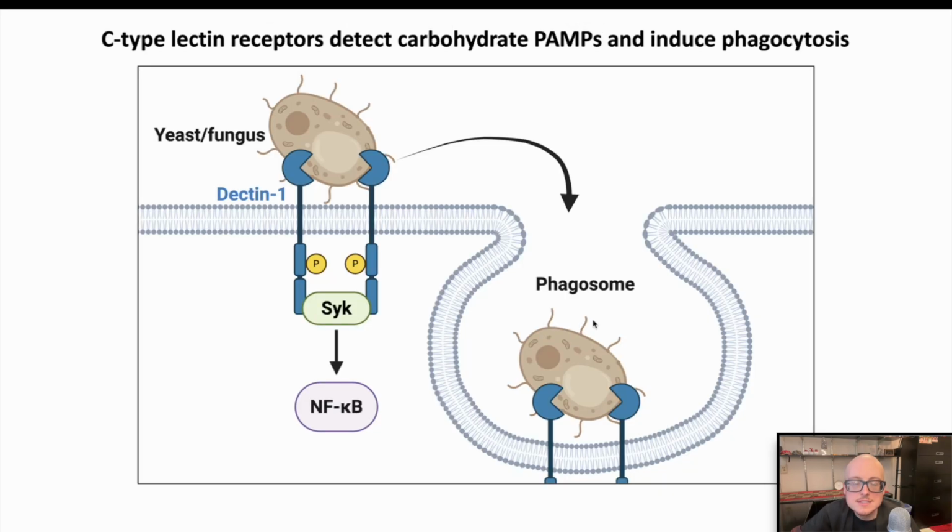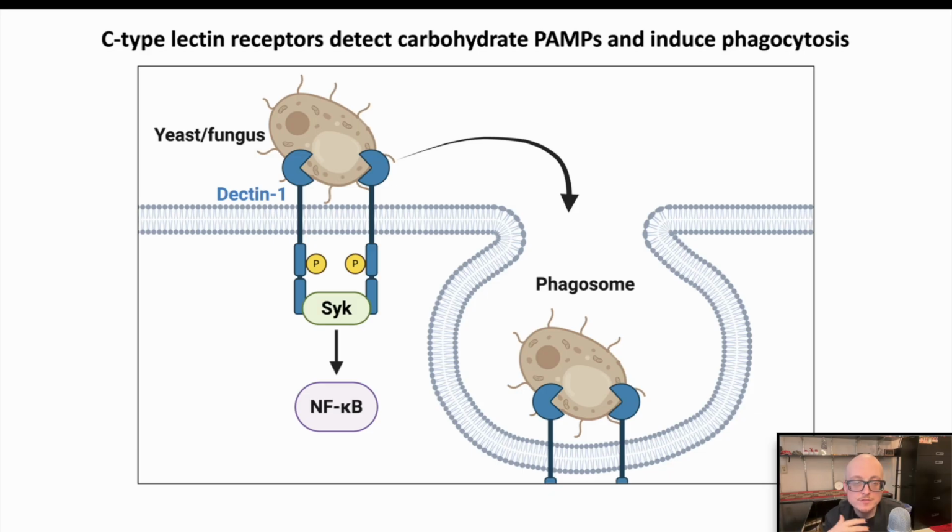Another major class of pattern recognition receptors are called C-type lectin receptors, or CLRs. CLRs, because they are lectins, they tend to bind to carbohydrate PAMPs. And this is similar to the lectins that we saw as part of the complement system. There are many pathogens that tend to have unique carbohydrates on their surface that we can use to detect non-self.